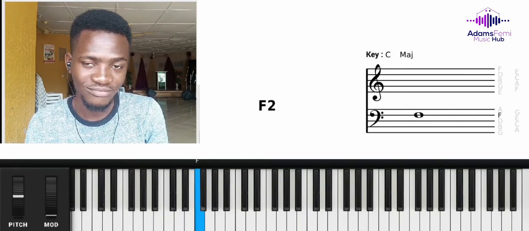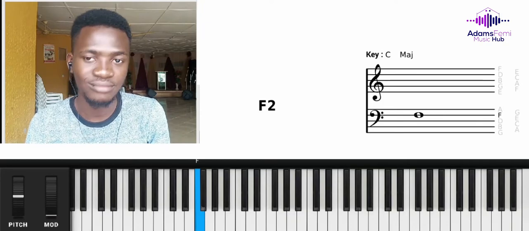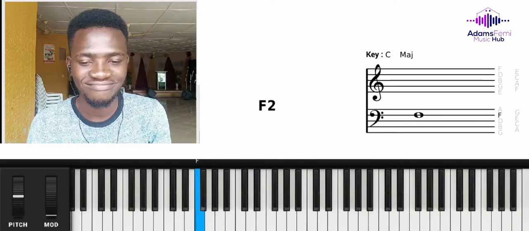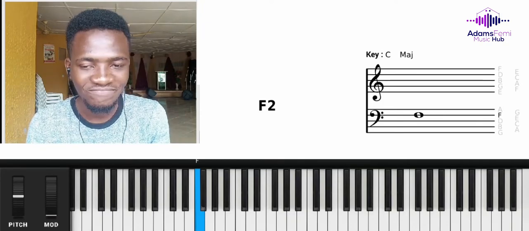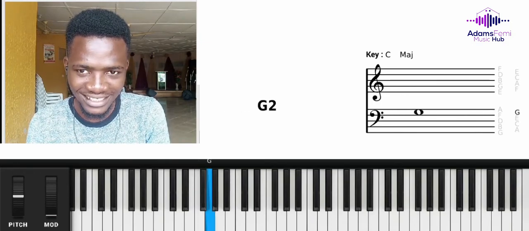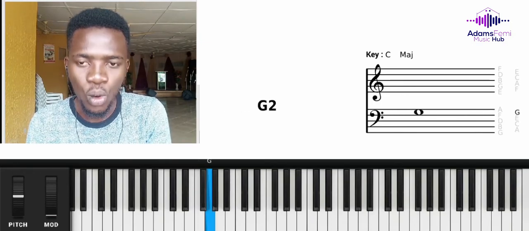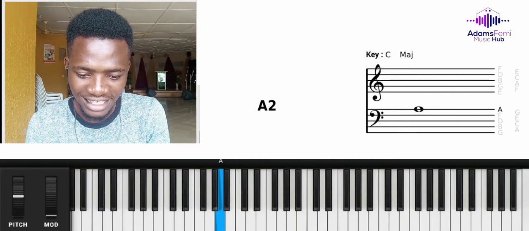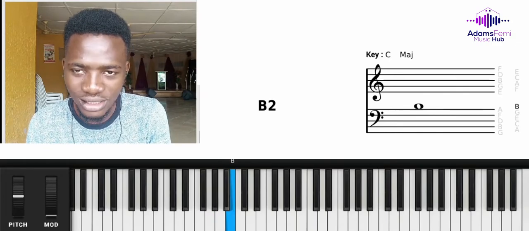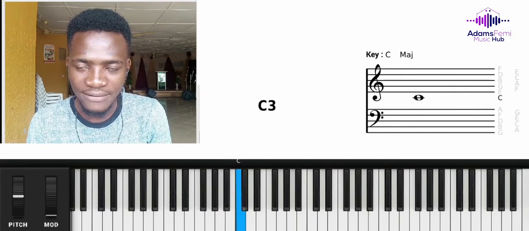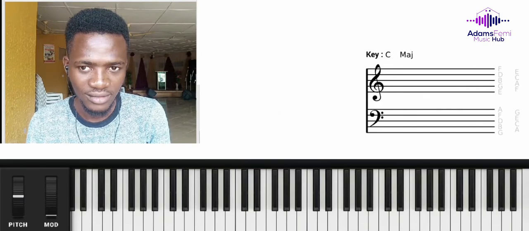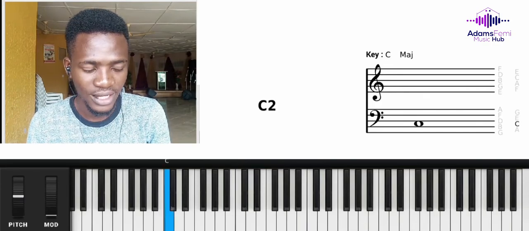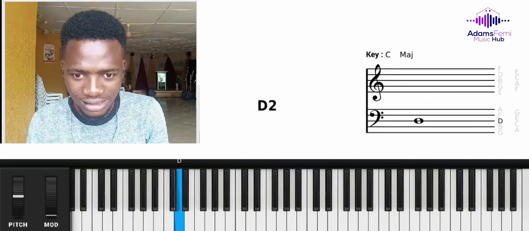So now I'm using notes in place of steps. So half step. Okay. So the next one, whole step. Again, whole step. Again, whole step. Then the last one, half step. Let's do it again from C. Whole step.